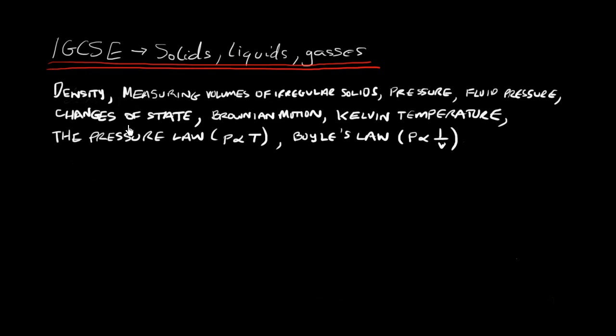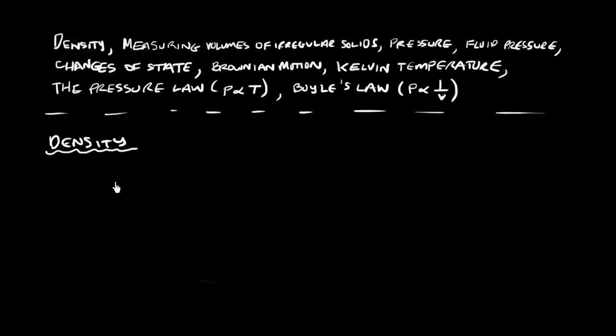So the first idea is density. So what do we say about density? Okay, so the symbol for density you should be able to recognize is a kind of p that's sideways, and it's written rho.